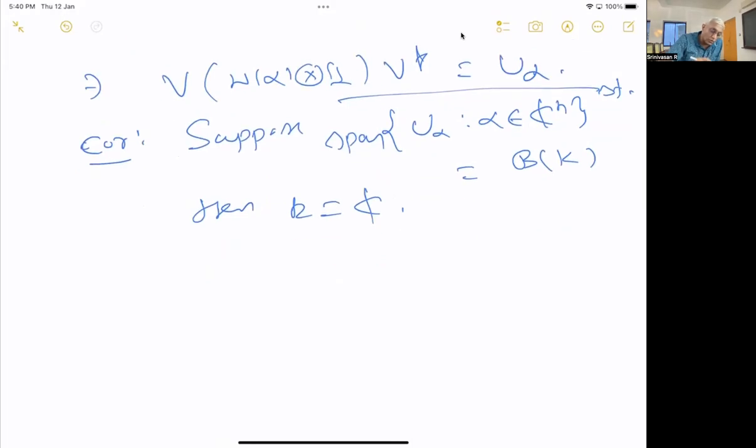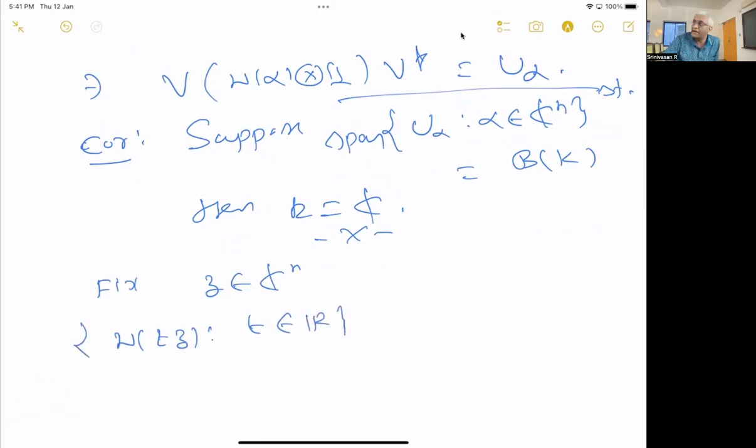Now we define another one. If you fix z in Cn, then W of tz, t in the real line, is a one-parameter unitary group, strongly continuous. It's important that it is a strongly continuous unitary group.